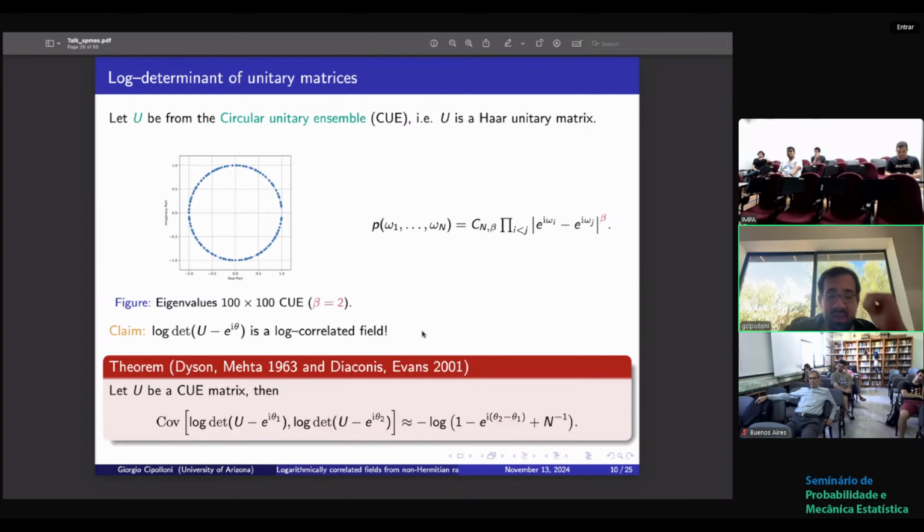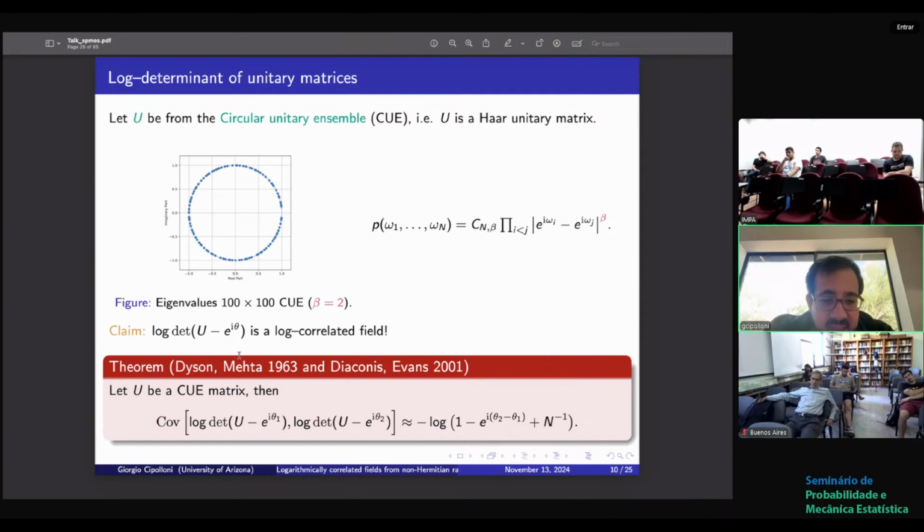And this is in fact the case. If you look at this log determinant at different points, θ1 and θ2, one can compute the covariance, and it is given as follows. In particular, if θ1 and θ2 are close to each other, we can Taylor expand the exponential, and this behaves like the log of the difference of θ1 and θ2. So these are log-correlated fields.